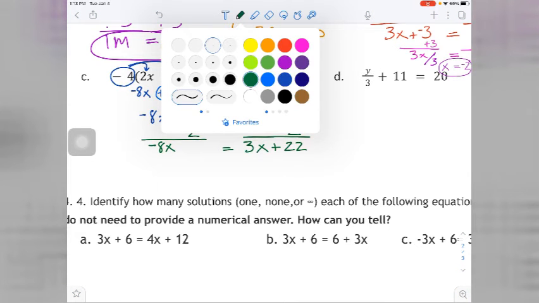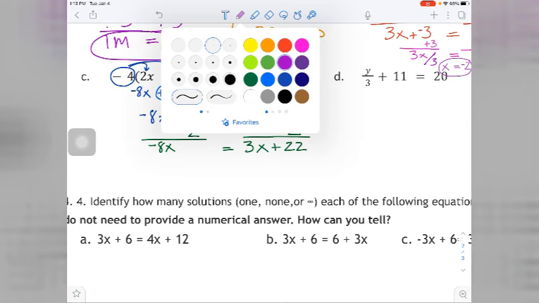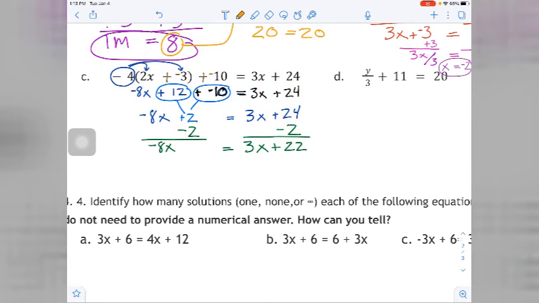And then my next step would be, most students' next step actually was, now that we've gotten rid of the 1s on this side, to get rid of the x's over here. So we want to get rid of these x's, -3x, -3x.